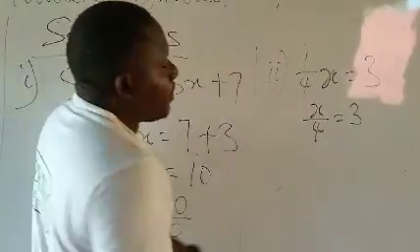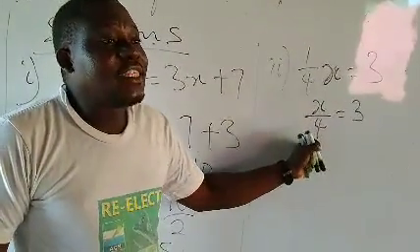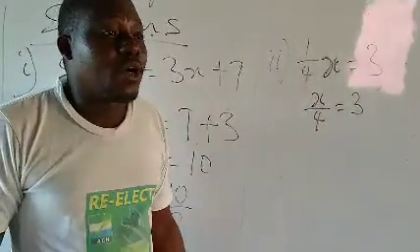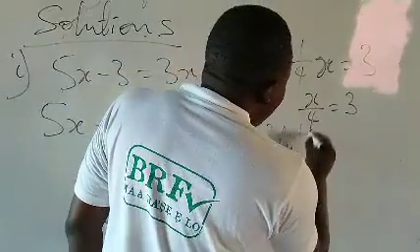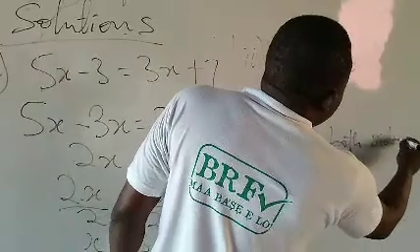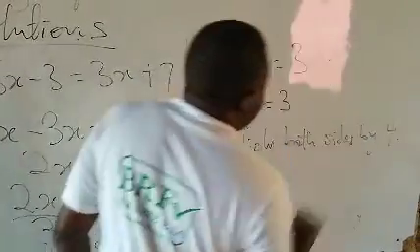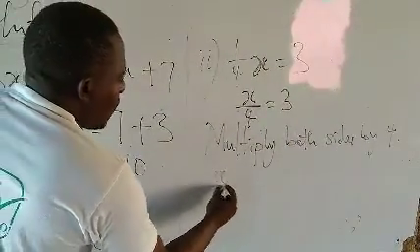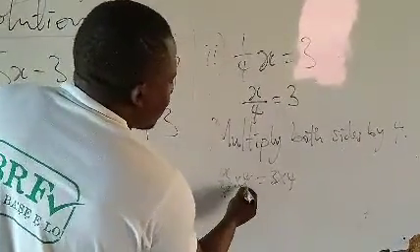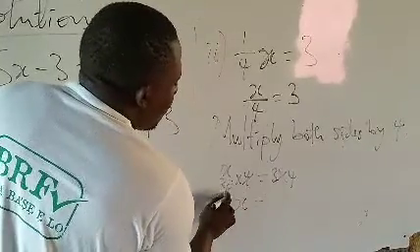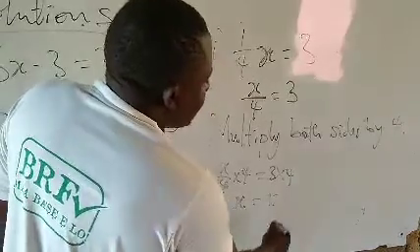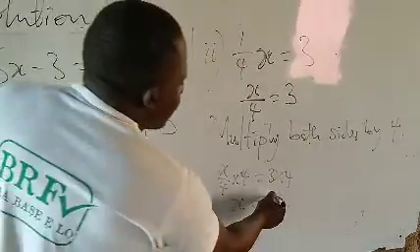Now, the relationship between x and 4 is division. If you want to remove 4 from x, then we have to multiply both sides by 4. When you have x over 4 multiplied by 4, it equals 3 multiplied by 4. We cancel the 4s, you have x. 3 times 4 is 12. I mean x is equal to 12.